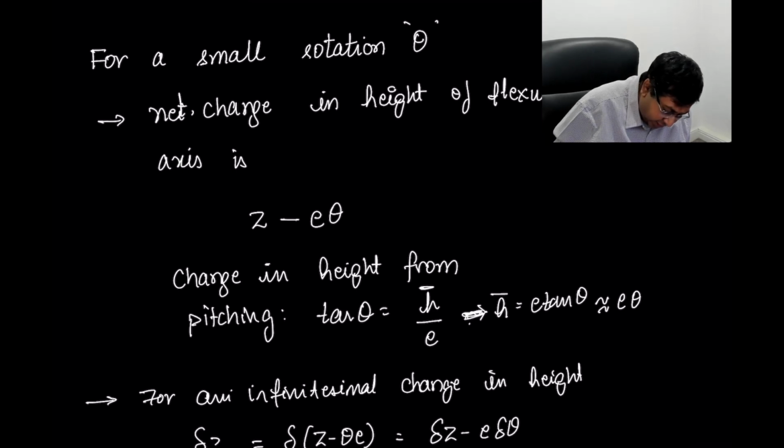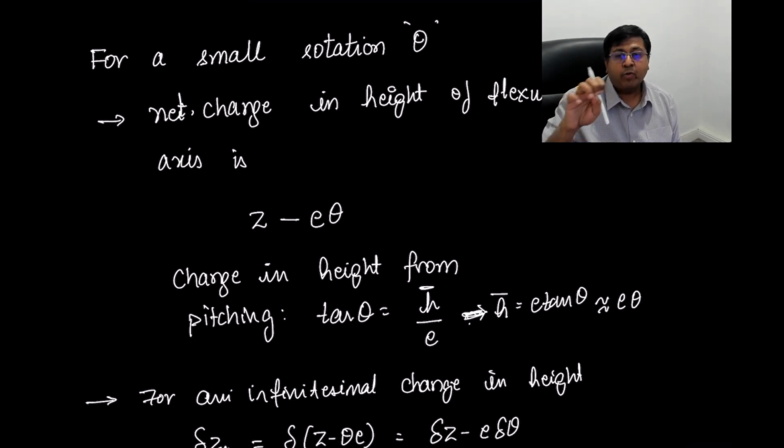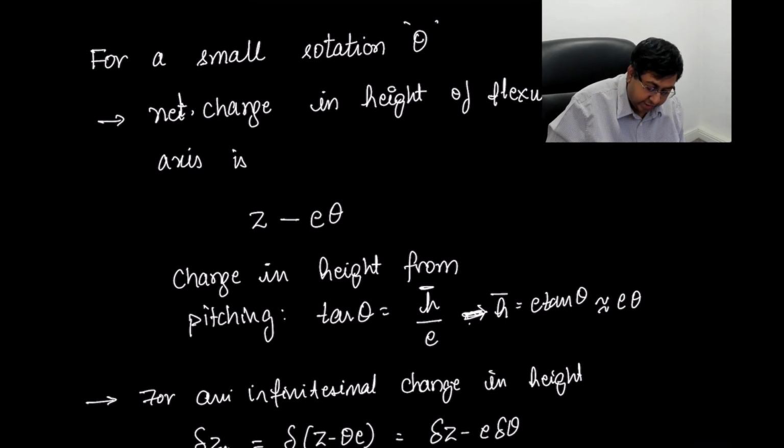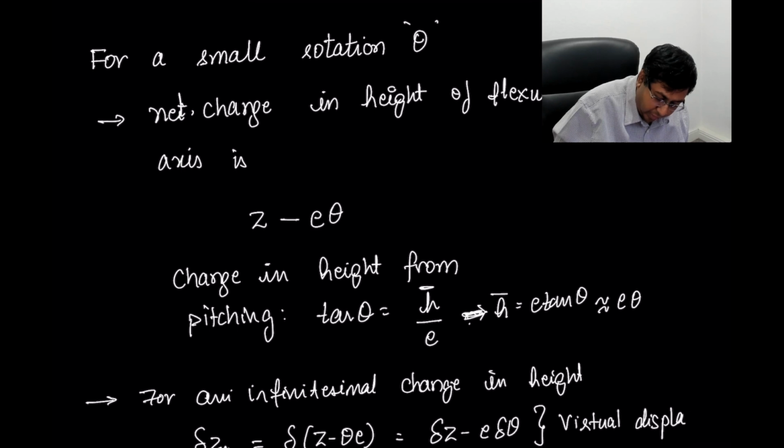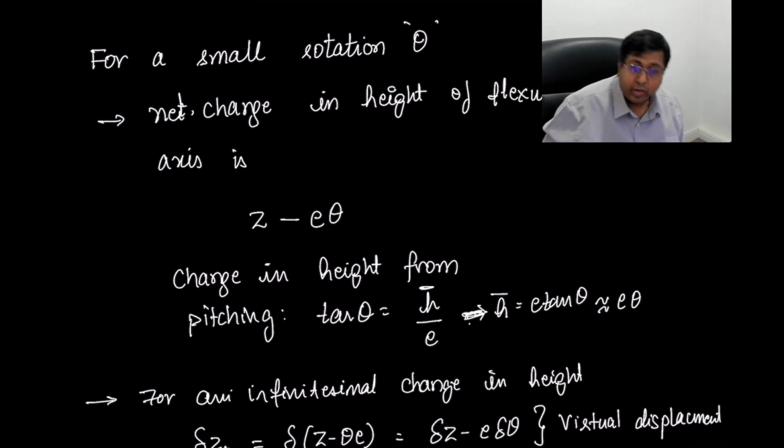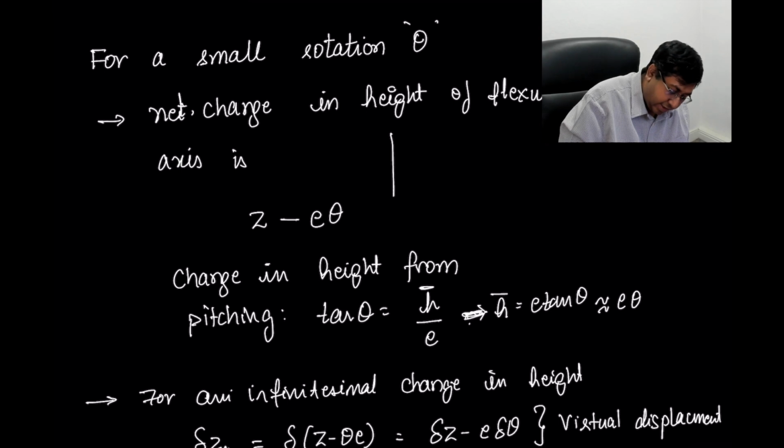Let's call it delta z of the flexural axis. Similarly, there can also be a virtual rotation, and we can say delta theta is our virtual rotation.